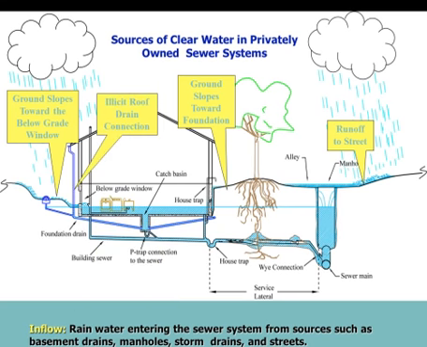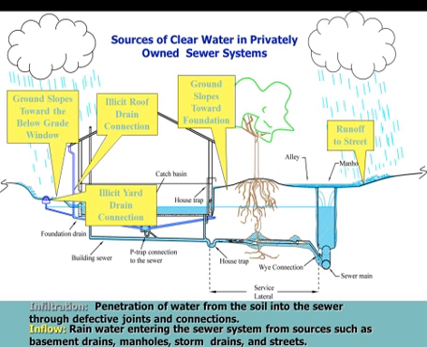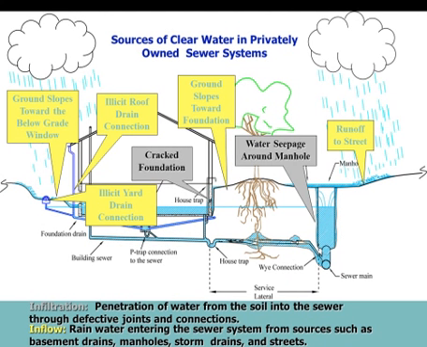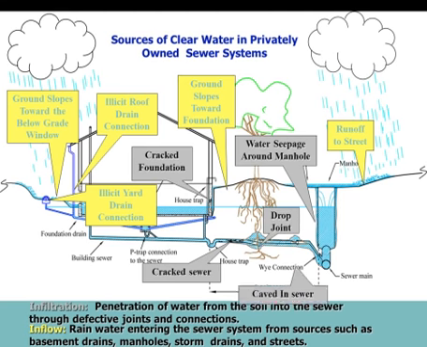Illegal connections. Infiltration. Think of this as by design, or rather by defect, if you've got defects that allow water into your basement. So if your foundation is cracked, or we've got leaky manholes, various defects in your building sewer or service lateral.